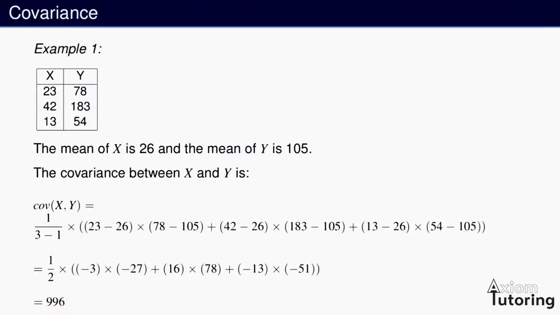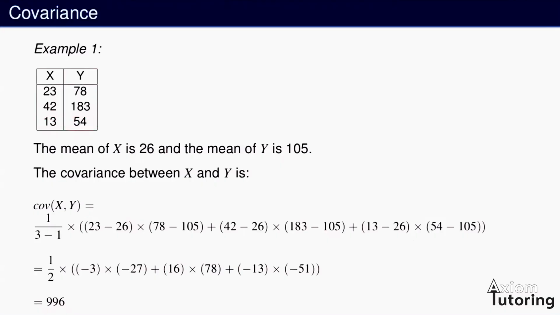Okay. And one thing we might have noticed is that when x is small, y also tends to be small comparatively to the values that it can take. Okay, so we can see that 13 is the smallest value of x, but it's also the smallest value of y.